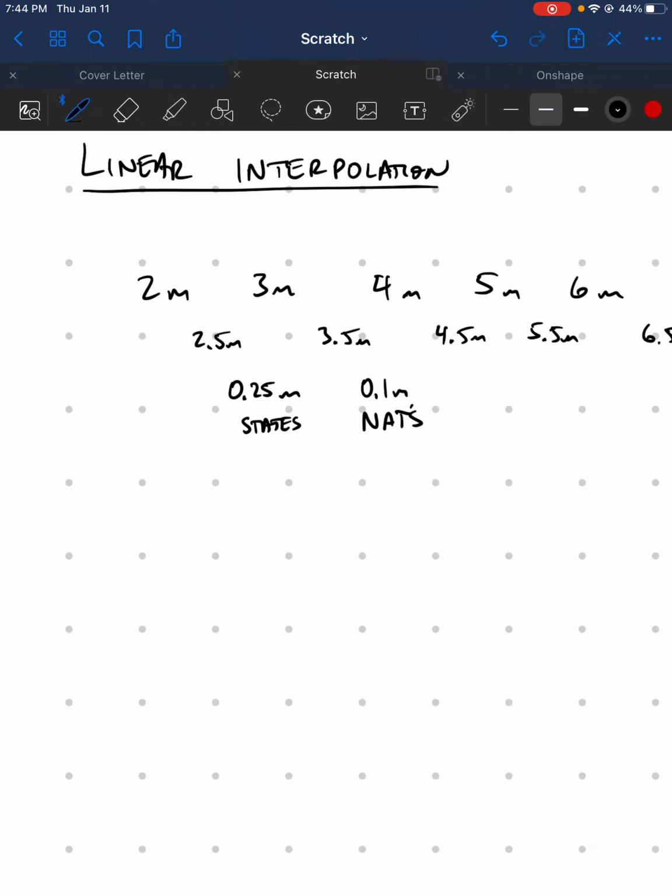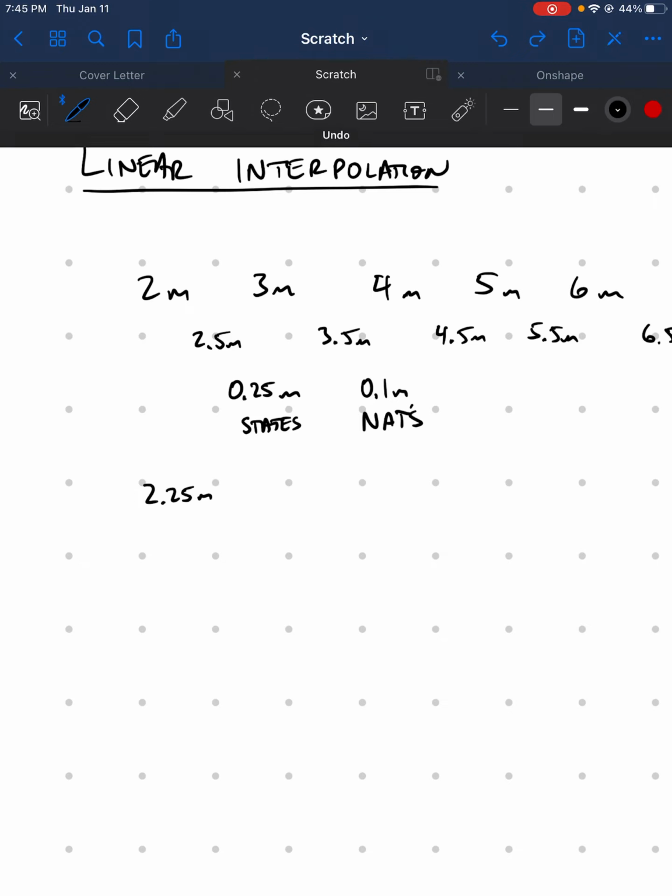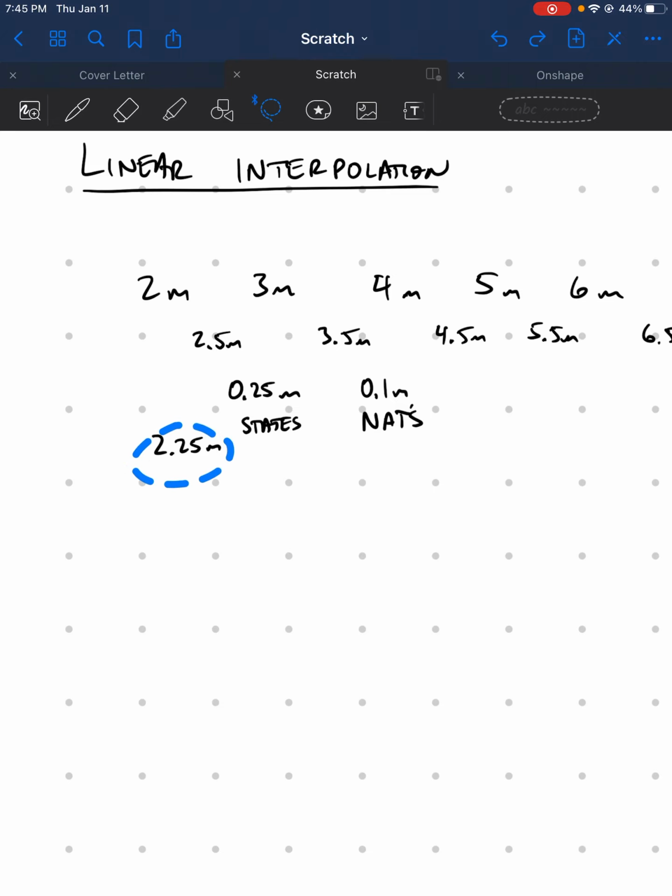So anyway, let's say we win regionals. Now we have states that we have to compete in, but we haven't really been doing 2.25 meters, right? Let's say 2.25 meters. That lands, you know, kind of between these two.